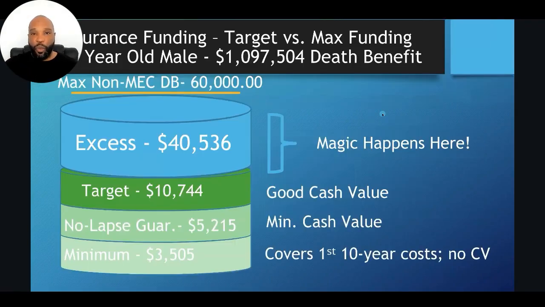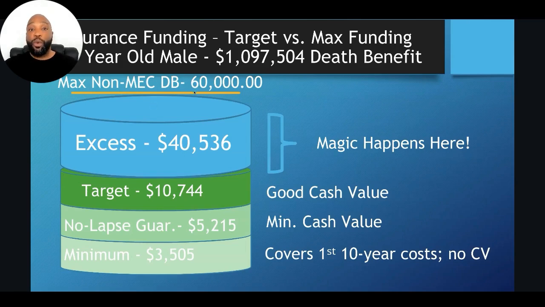So basically what we're looking at is a life insurance policy for a 35-year-old male where the death benefit is $1,097,504. This is for a gentleman who intends to pay a total of $60,000 worth of premium throughout the year. He doesn't have to pay $60,000 per year into his policy.